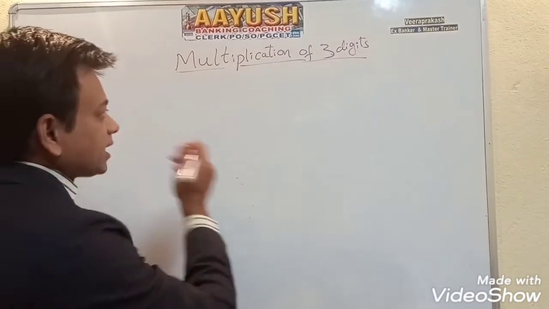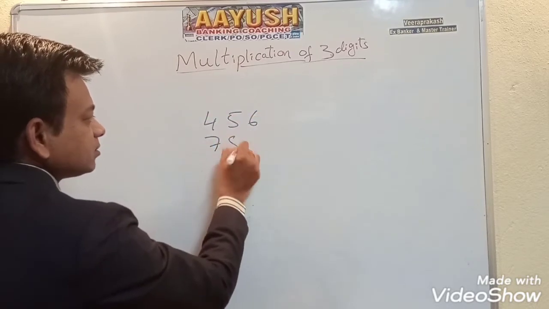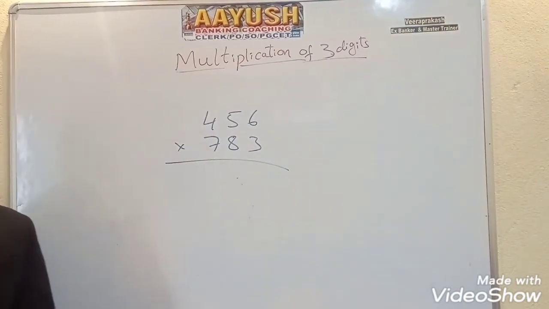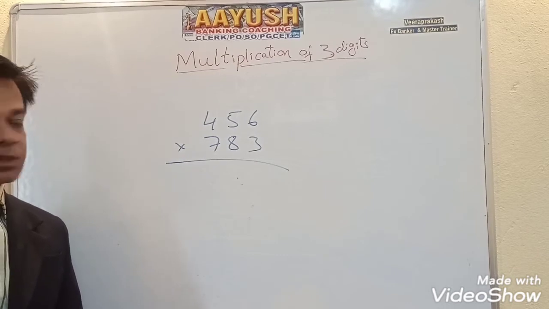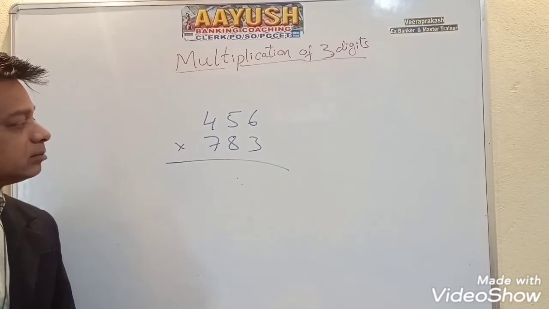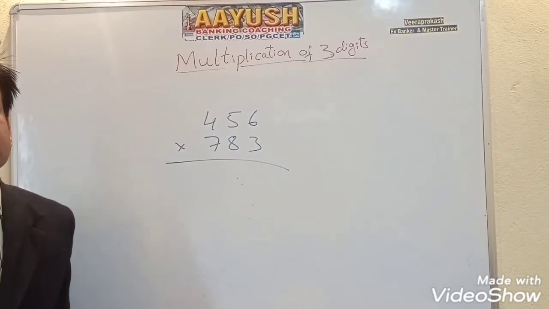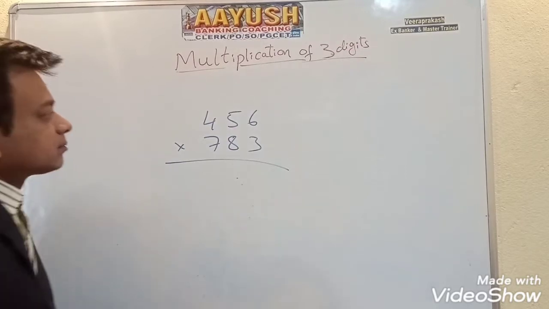For example, 456 into 783. Here IXI will not work for you, because it goes up to the hundreds place value. So how to do this?